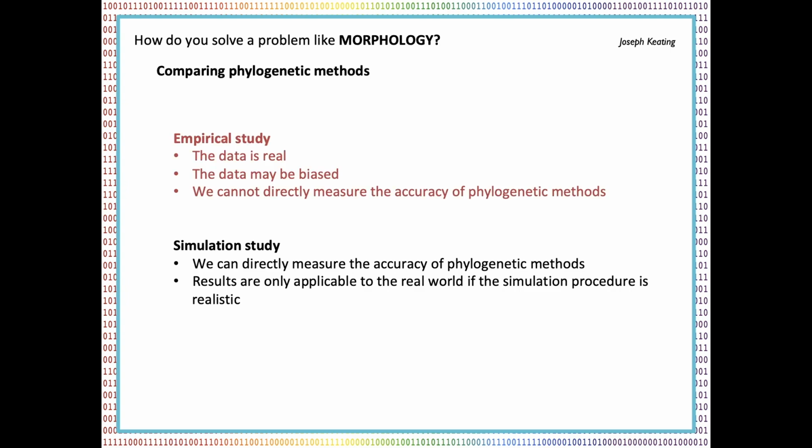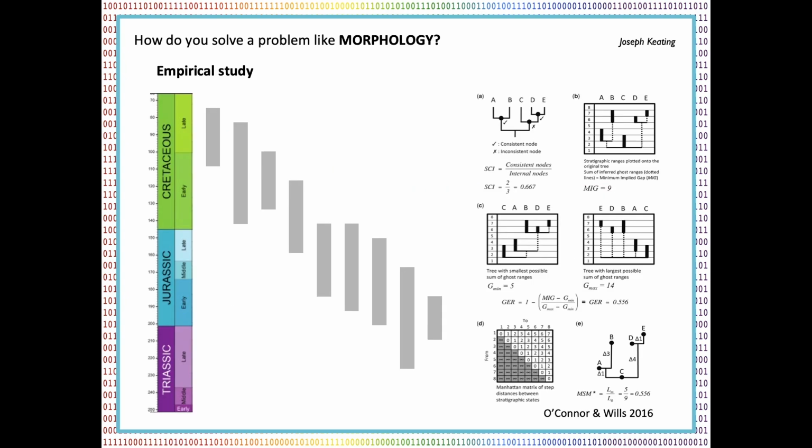Let's start with empirical study. For empirical study, we need independent data that we can use to compare the trees produced by different phylogenetic estimation methods. One such source of data is stratigraphy. It has long been understood that the stratigraphic distribution of fossils provides information about phylogeny.